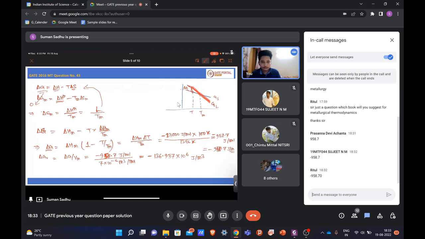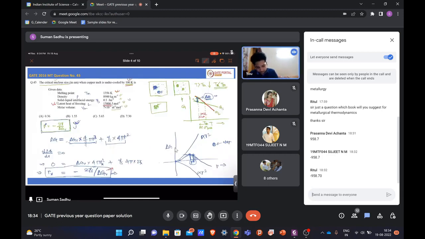Can anyone check if it is correct or not? Okay, now we have all these values, delta GV we have calculated, and gamma S is given as 0.5 joule per meter square.